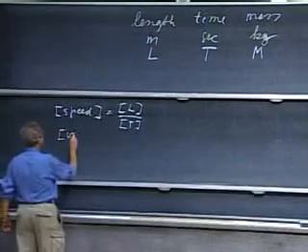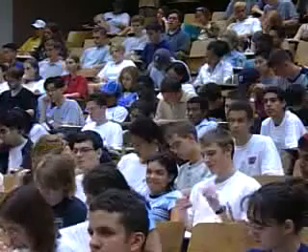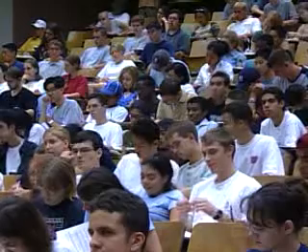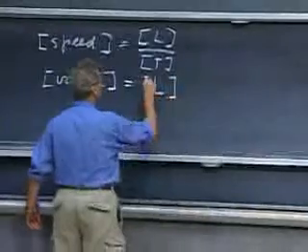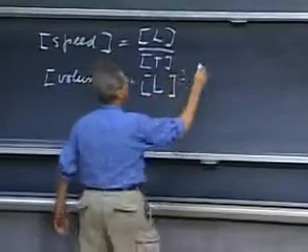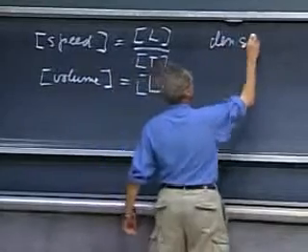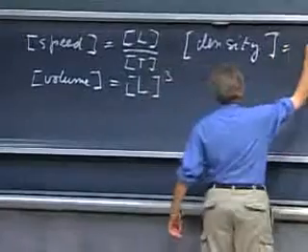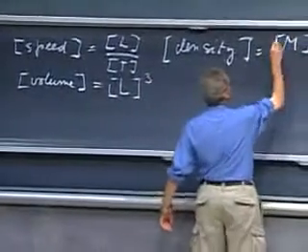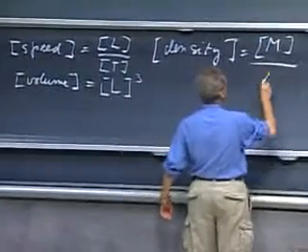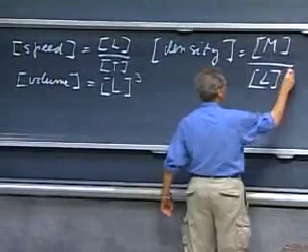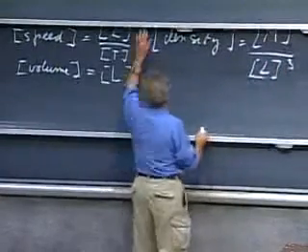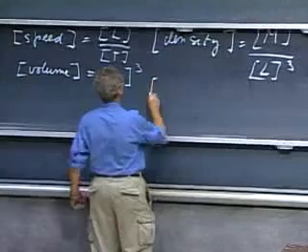Volume would have the dimension of length to the power 3. Density would have the dimension of mass per unit volume, so that means M divided by length to the power 3. All important in our course is acceleration.